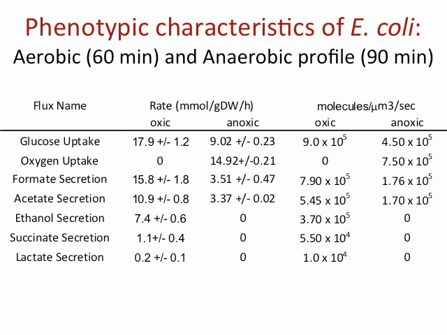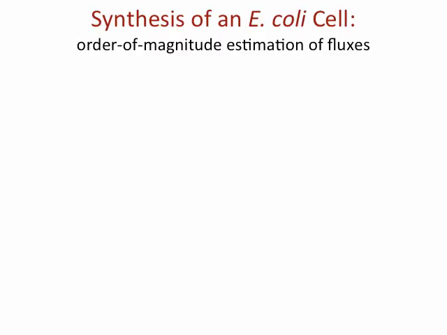The rates here are given in 2 different units, millimoles per gram dry weight per hour, which is what you would see in the fermentation literature, for instance, and that can be converted into simply molecules per cubic micron per second, and that's shown to the right in this table.